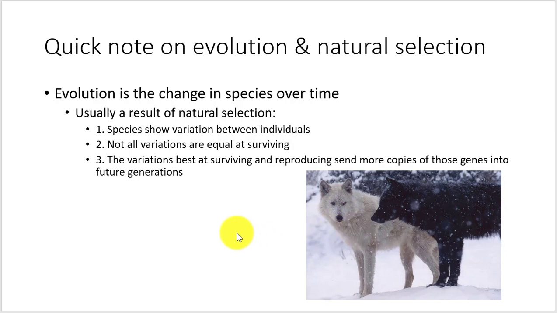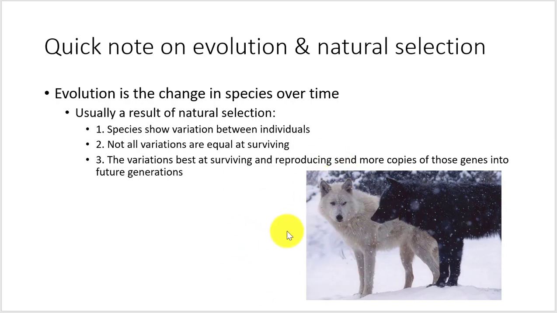Whichever variations within that population are best at surviving and reproducing are going to send more copies of their genes into the next generation. So let's say we have a whole herd of wolves. Half of them are white, half of them are this dark coloration. Let's say again the environment is totally snowy all the time.